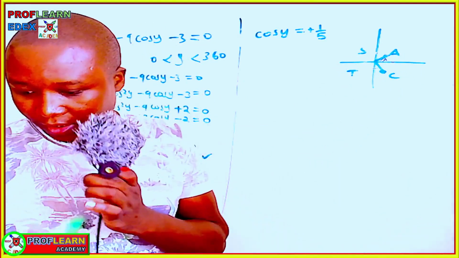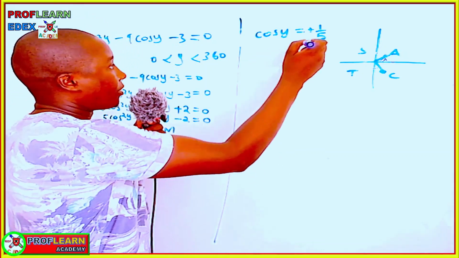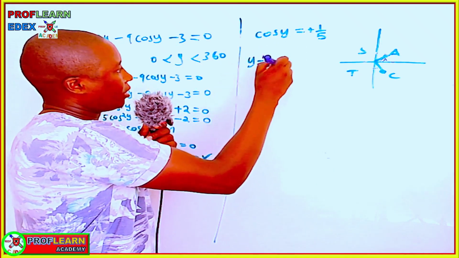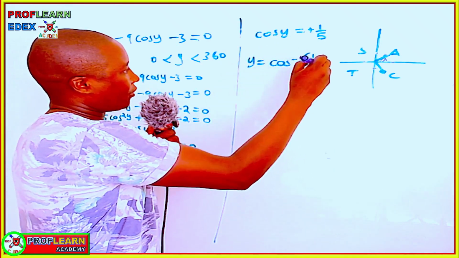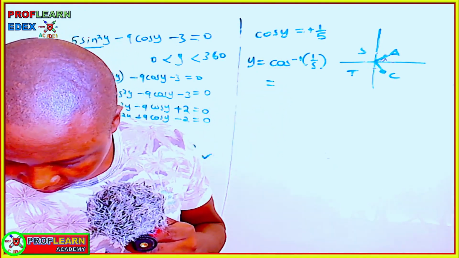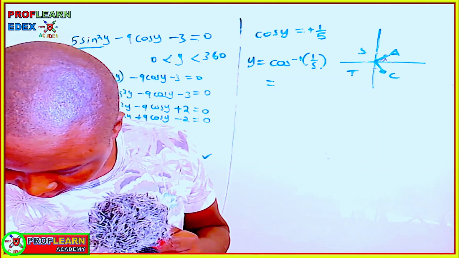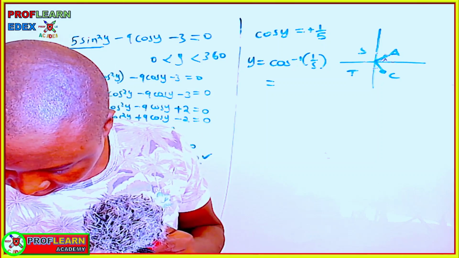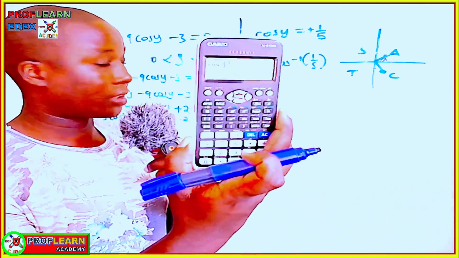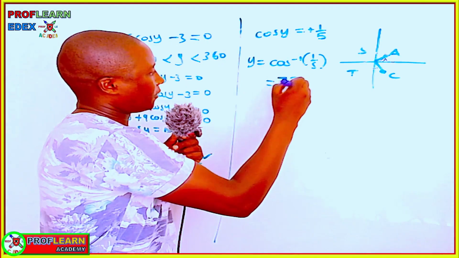To find the first angle here, the first angle will be the principal angle, which is cos inverse. y is going to be cos inverse of 1 over 5. If we work that out, shift cos 1 over 5, that is going to be 78.5.